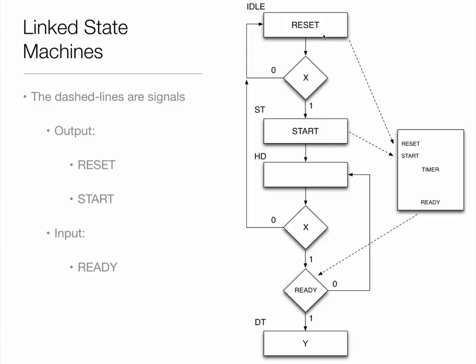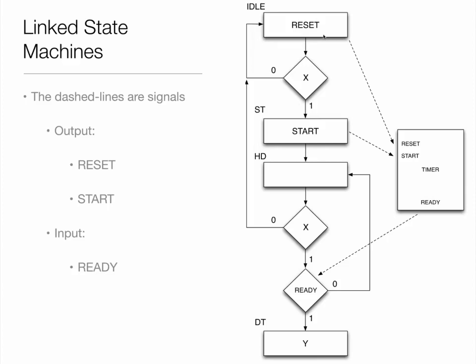Next state is called HD for hold, and there are no outputs there. So start and reset are both back to 0. So start is a single clock cycle wide, and that's enough to start the timer off.